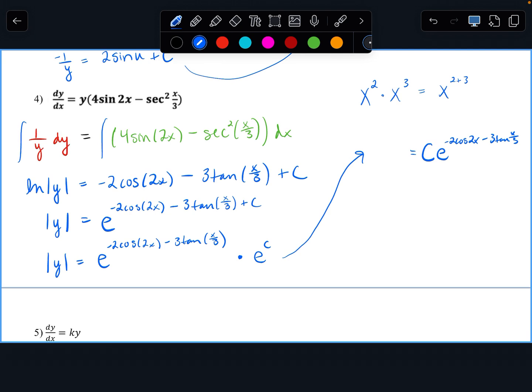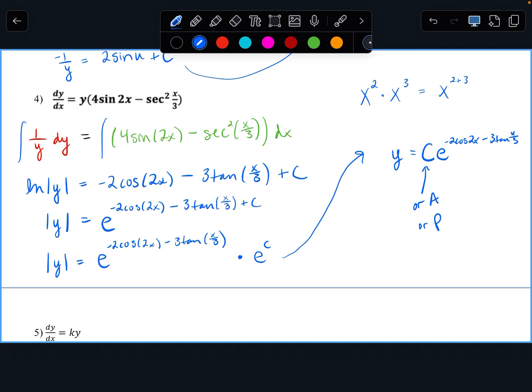The c kind of absorbs any math that's happening to it. So I can go ahead and write it as y, and I can drop the bars. I've seen p too.